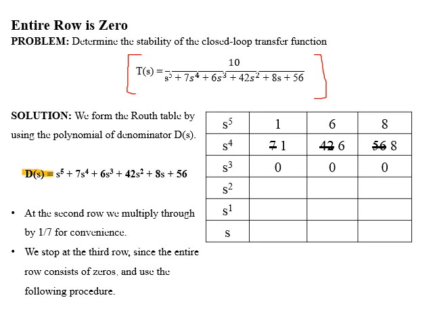If you observe second row, we can multiply this row by 1 over 7 for simplification purpose. And if you observe row 1 and row 2, both are multiple of one another. So this causes a row of 0 in row 3. Now for this row of 0, we will follow the procedures in upcoming slide.